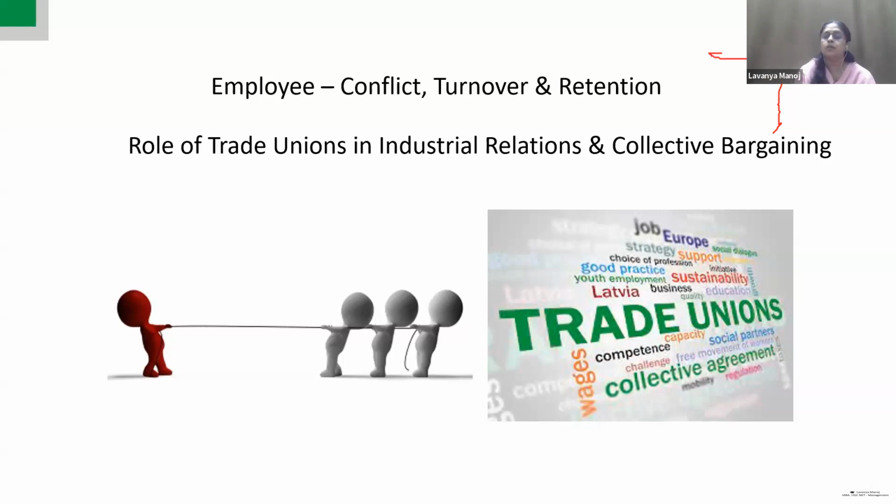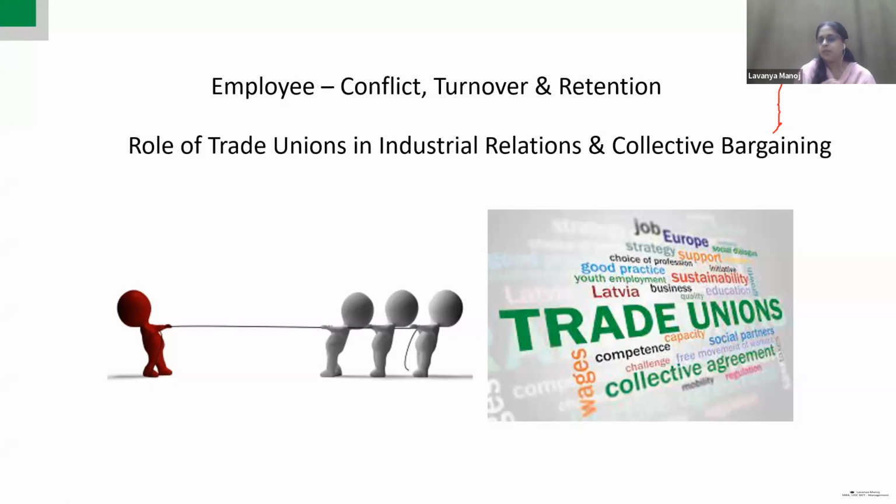Okay. So this session is going to be the final session for HRM related topics. And from next week onwards, we will be shifting on to a new subject. And though we have seen an overview of what employee conflict is and how it can be avoided in any organization, what are the measures to take to avoid those conflicts?